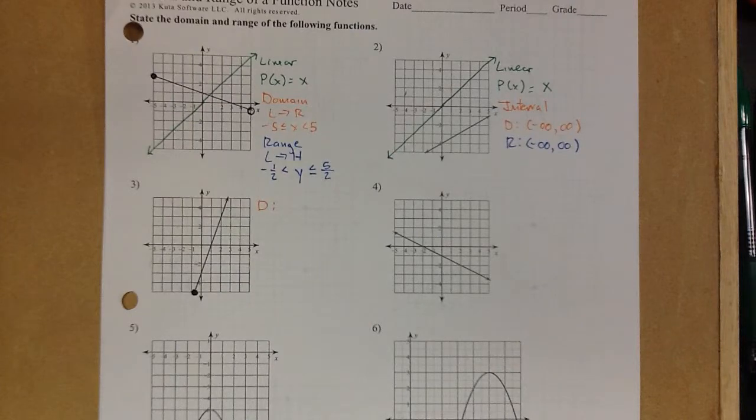I said inequalities. So what does that mean you're not going to use? Not infinity. It does go on forever, but we're not going to write infinities because we're going to use inequalities.